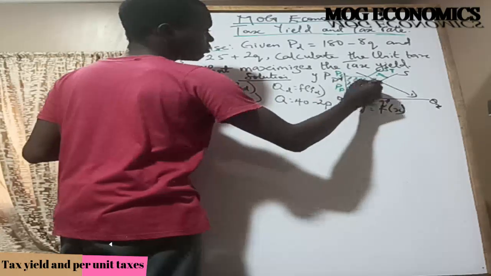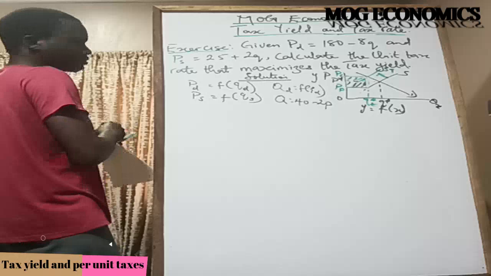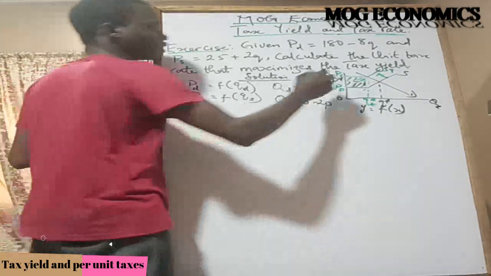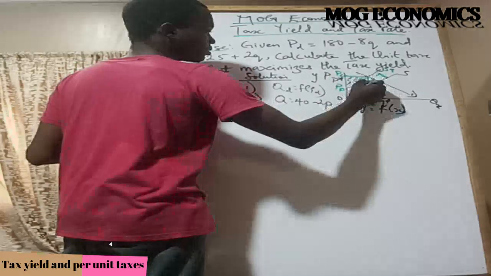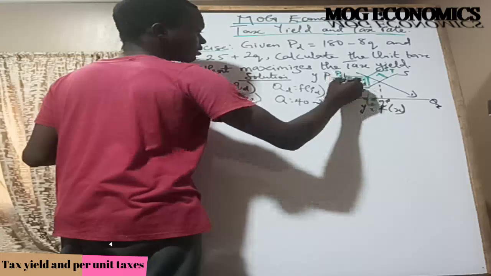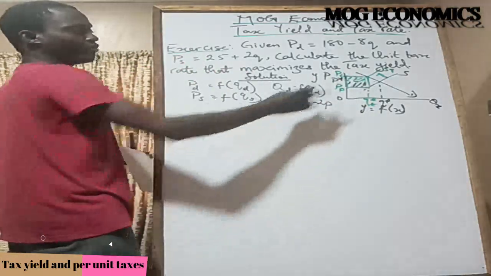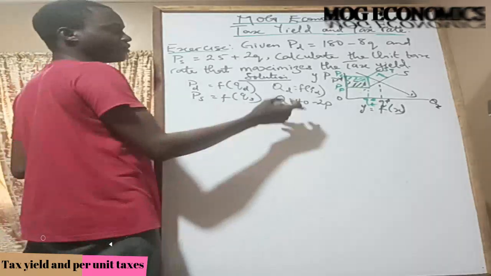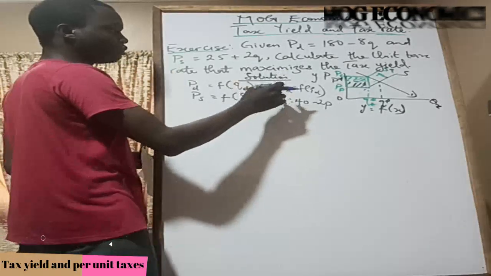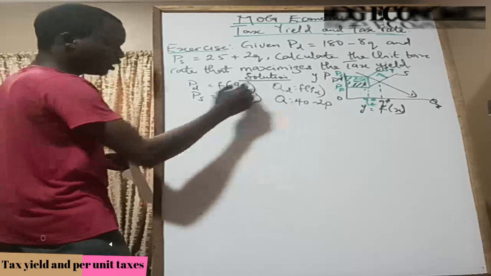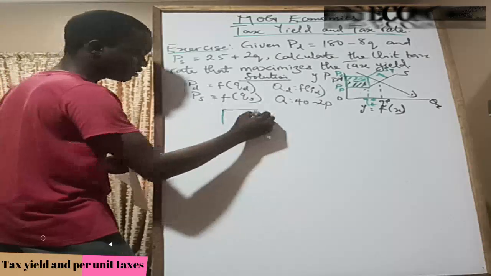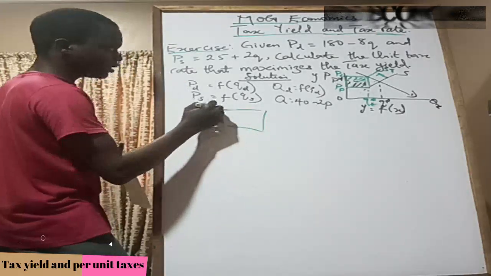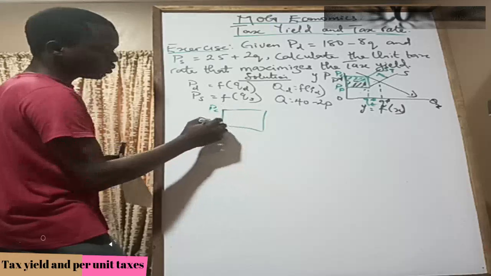So the box represents the tax revenue, and how do we get that? All we have to do is find the area of the rectangle. The box is like this. Here we have PC, here we have PP.